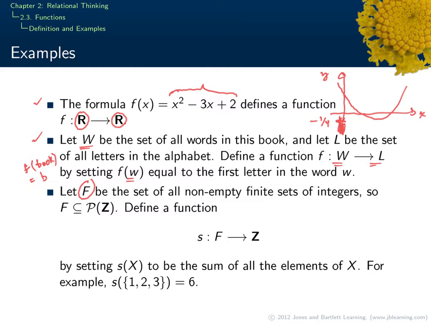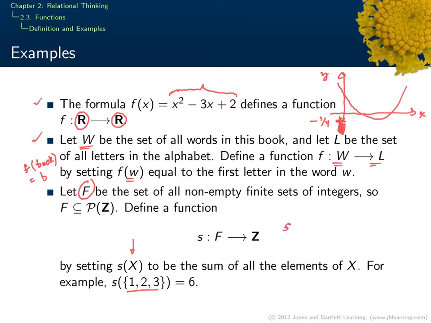And we're going to define a function S from F into the integers, where S has as an input one of these finite sets of integers, and the output is just going to be the sum of all the entries. So for instance, if X is the set 1, 2, 3, then the output is just going to be the sum of all of those numbers.